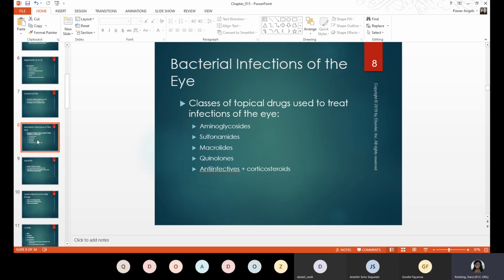So some of the classes of bacterial medications would include aminoglycosides, sulfonamides, macrolides, quinolones, and anti-infectives plus corticosteroids.